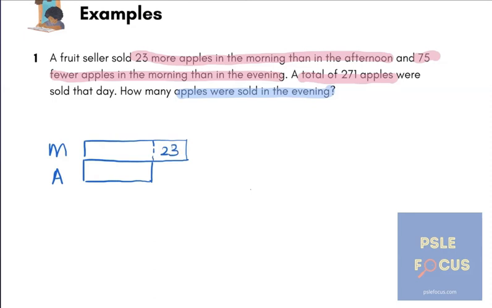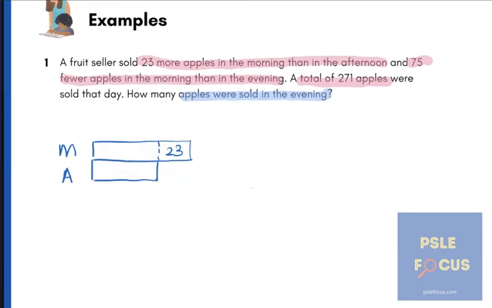The next information, 75 fewer apples in the morning than in the evening. So now they are comparing morning and evening. So 75 fewer apples. So what we do is, since they are comparing morning and evening, we'll put evening on top of morning. Okay, the bar we'll put on top. So it will look something like this.